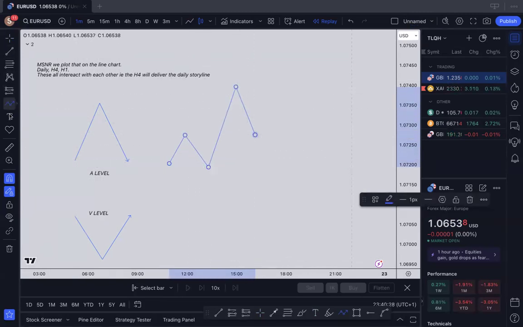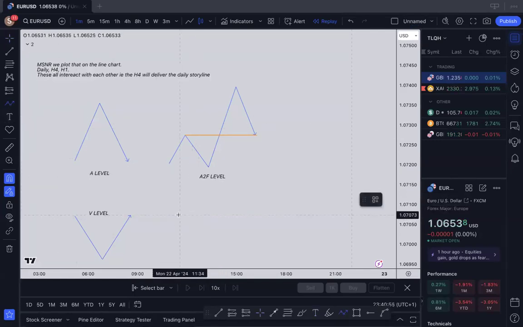How does this play out? We'll be coming up, like we've got a normal level, and then we will close through the level right here on that time frame, and then we should expect it to be retested from the other side. So this is the A to flip level.